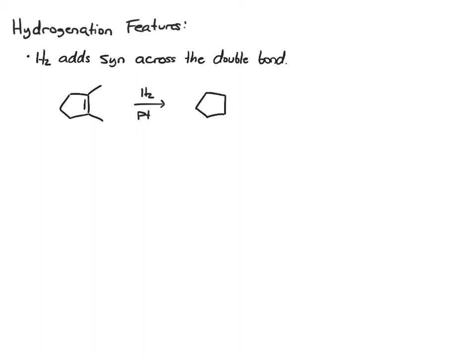So if it adds from the front, we'll put the hydrogens on wedges, and those methyl groups will be dashes. If it adds from the back, I'll put the hydrogens on dashes, and the methyl groups on wedges.